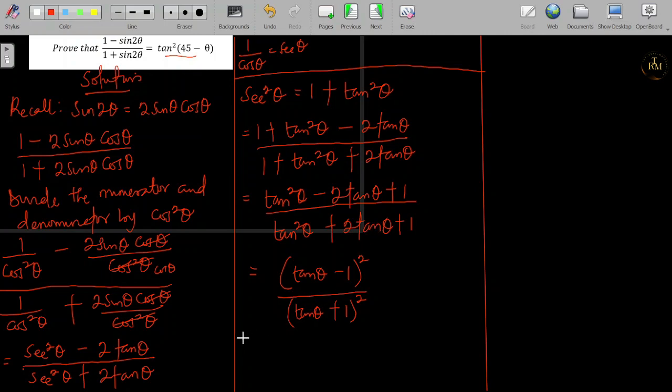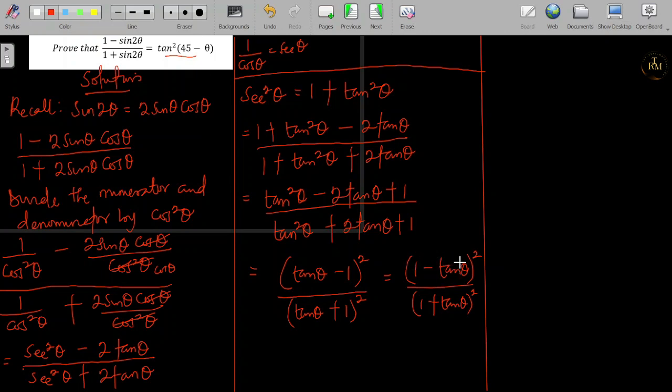Now, because we are heading to something that has to do with tan squared of (45 minus theta), I'm going to make a little change to what I have at the numerator. When I have tan theta minus 1 all squared, I can actually transform it to be the same as 1 minus tan theta all squared, over 1 plus tan theta all squared.